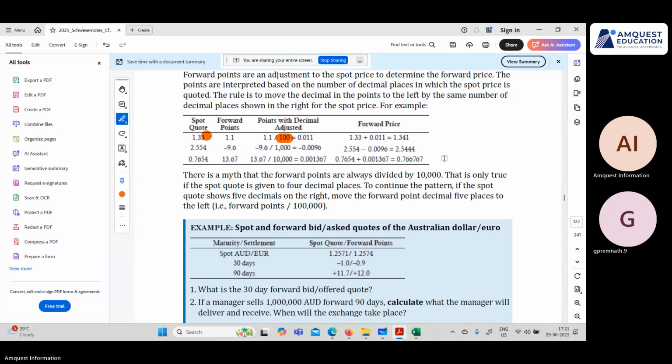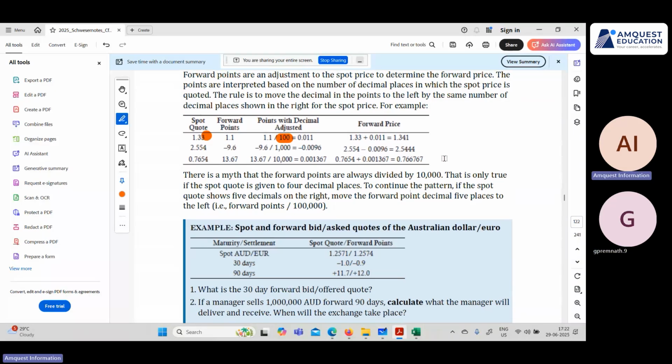All right. Let us look at this question. What is the 30-day forward bid / offered quote? Yeah, so this is 1.2571 minus 1 divided by 10,000, which is 1.2570.